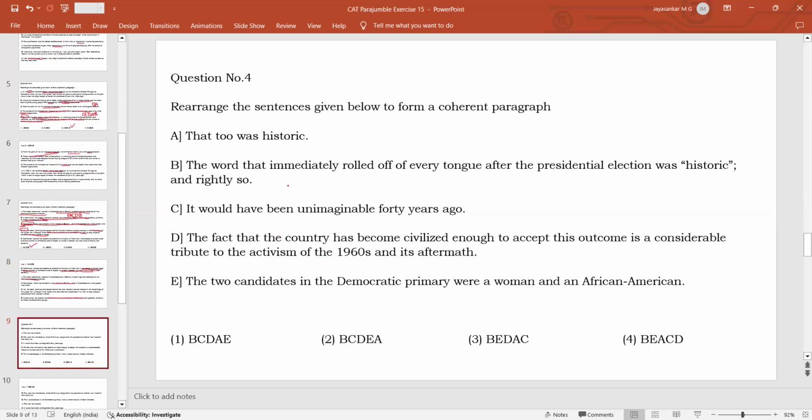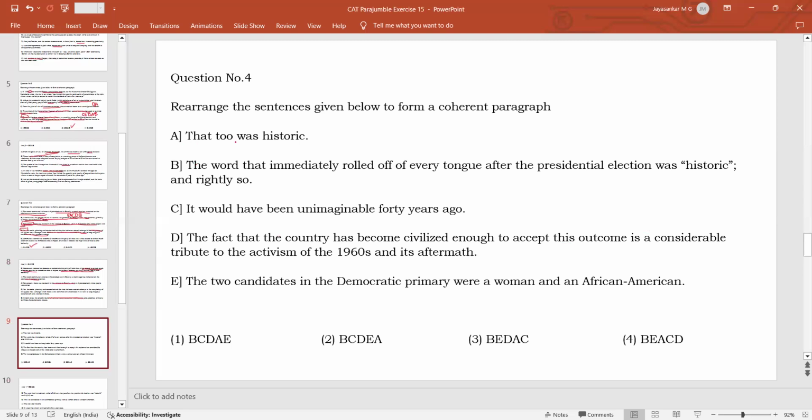All right, question number 4. This is a very simple, or I would say this is the easiest of this particular para jumble exercise. By reading this, you can understand that there is only one opening sentence. Why?